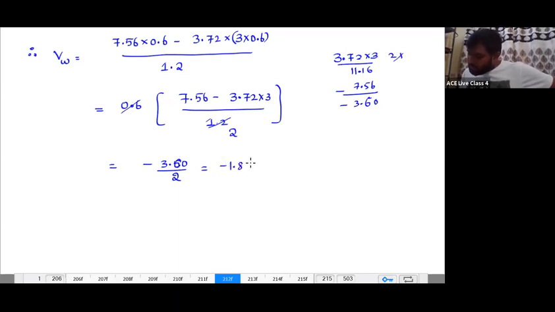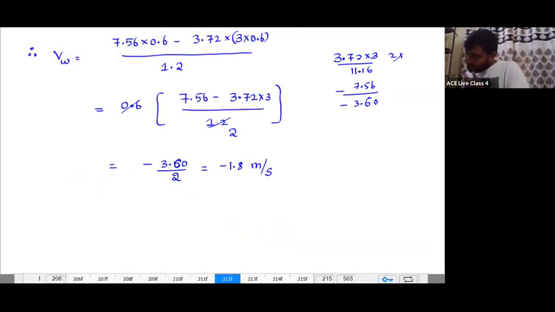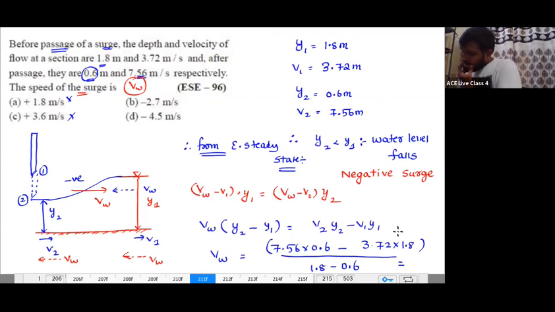So what is this value? 1.8 meter per second. The answer is going to be minus 1.8 meter per second. Why is it not minus? Have we done anything wrong? Okay, fine.